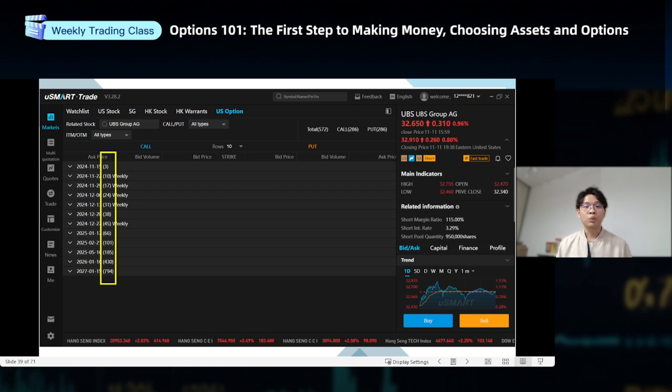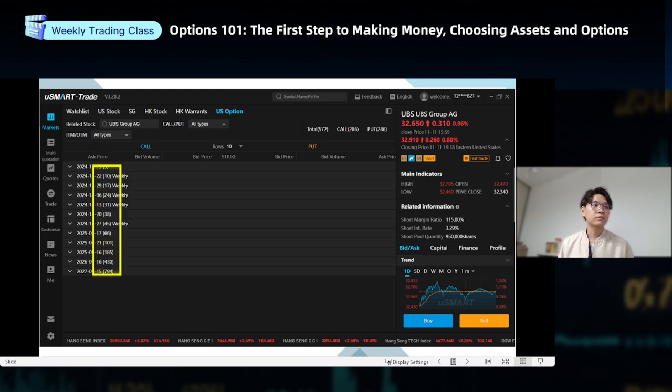Normally, when we trade options, we choose those that are going to expire in 1 to 2 months, because in the last month, the time decay is accelerated. Personally, I prefer options of 2 months, and I will not hold them until expiration. I will just get in and get out, maybe holding for two weeks or 1 month.